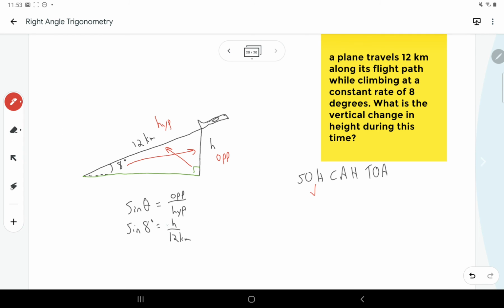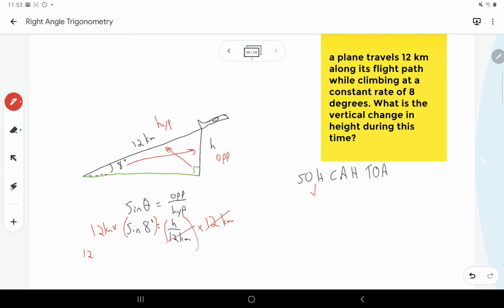We need to get h on its own, so we got to undo that divide by 12, which means we have to do the opposite, which is times. You go times by 12 because to get rid of something you do the opposite but use the same number. Those two cancel. Then we do the same thing on the other side because math is fair. Okay, so we just rewrite this below.